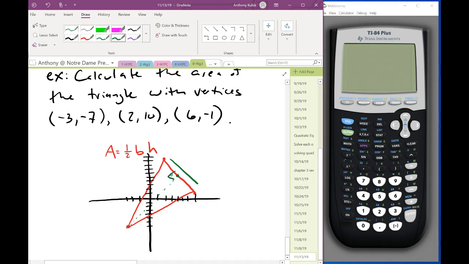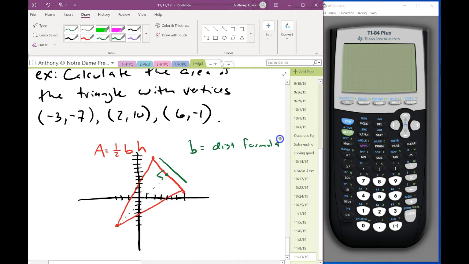You need that one. So we can calculate the length of the base, and that's not too much trouble. What would you have to use there? You just use the distance formula to calculate the length of B, right?